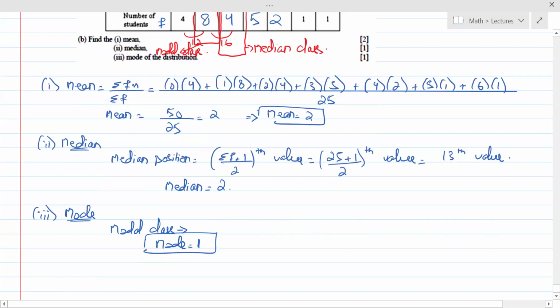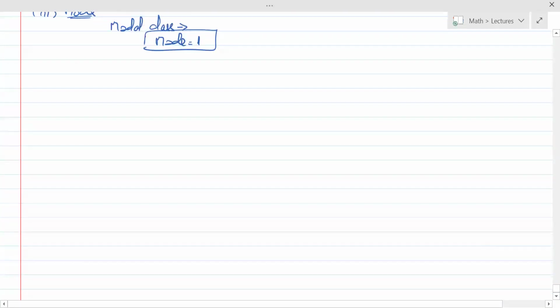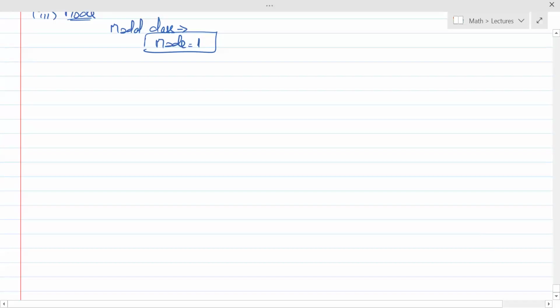Okay, this was about frequency table. Let's pick one more tricky question here, and then we'll conclude this topic.